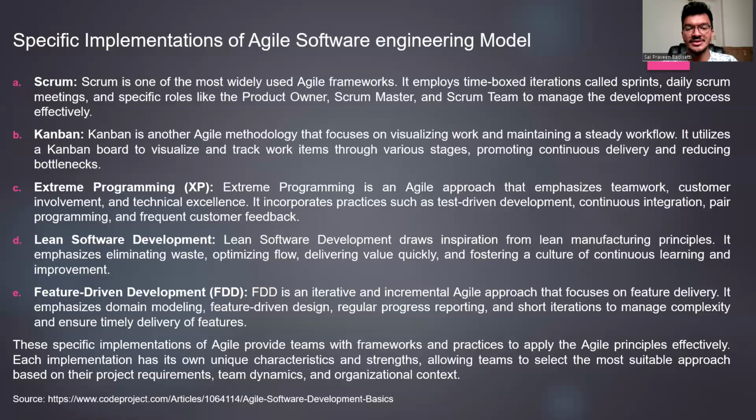It emphasizes domain modeling, feature driven design, regular progress reporting, and short iterations to manage complexity and ensure timely feature delivery. These agile implementations provide the framework and practices to apply the agile principles effectively.